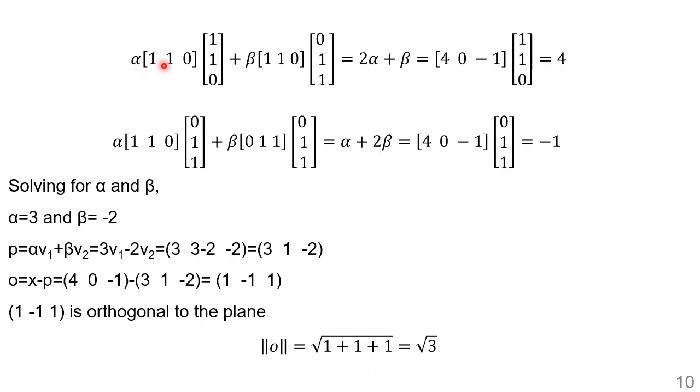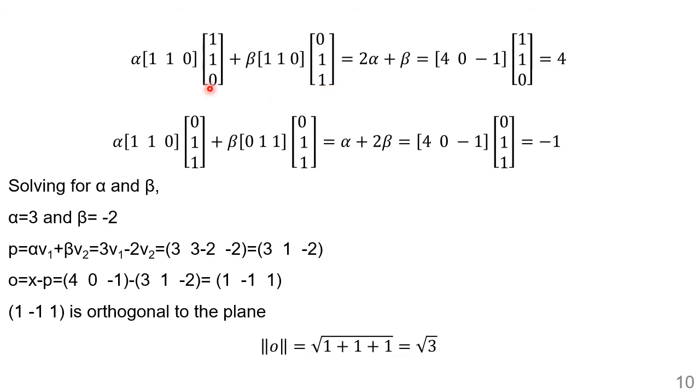Now, alpha into V1 is defined as 1 1 0 multiplied by 1 1 0, that is V1 transpose V1, plus beta into V1 transpose, that is 1 1 0 multiplied by V2, that is 0 1 1.